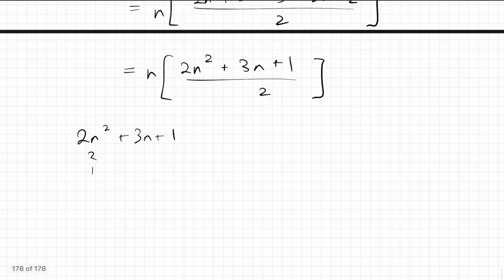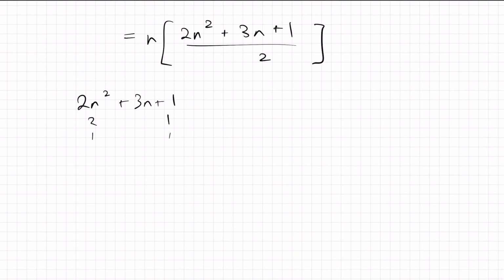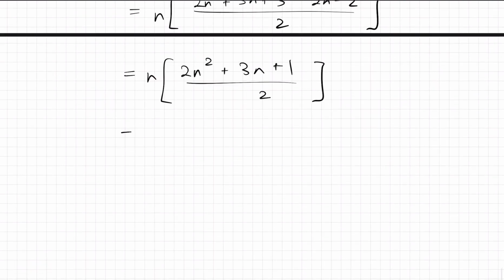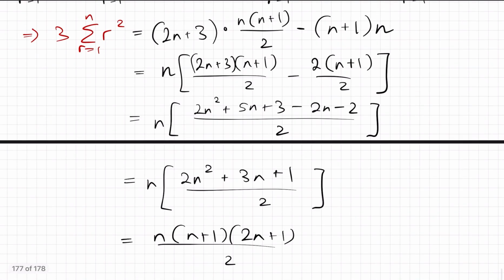So if we want to factor this expression, we can just do that. So that's equal to 2n plus 1 and n plus 1. So let's just write it like this, 2n plus 1 over 2. Okay, there we go.